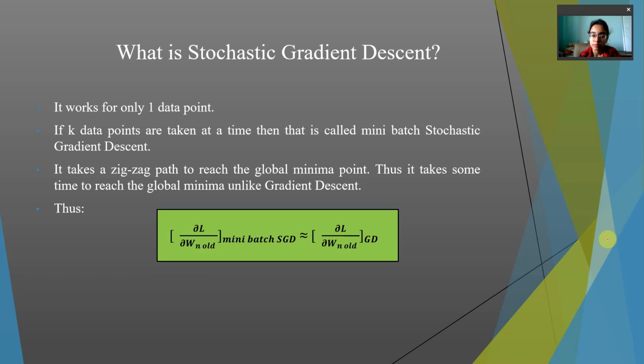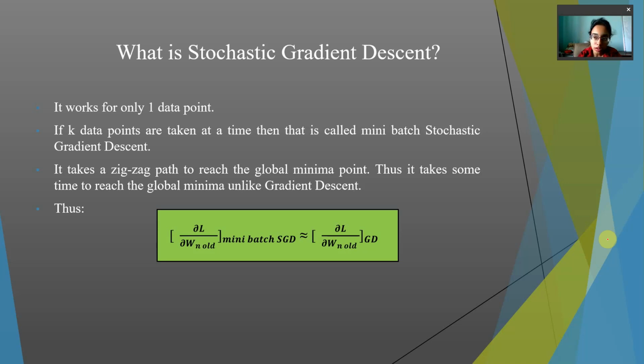Now if we consider some data records from a set of records, that is called mini batch stochastic gradient descent. Let us consider that we have a total of 1000 records, and from those we consider only 500 records. So it will load only 500 records but not 1000 records.